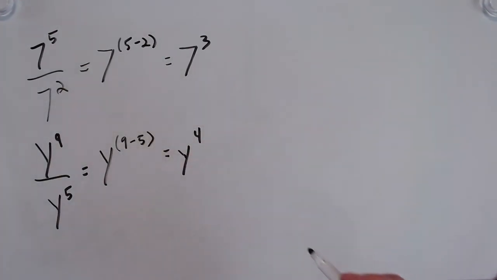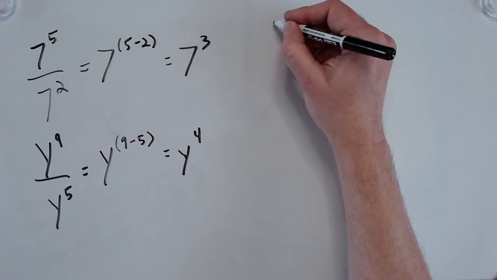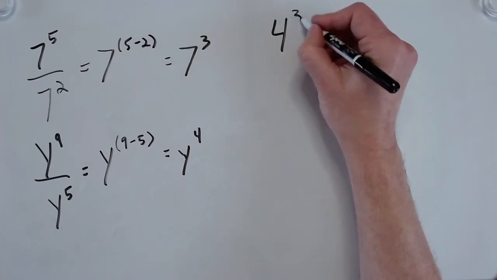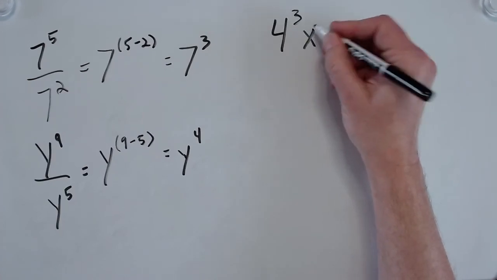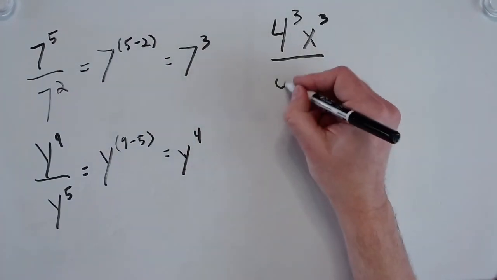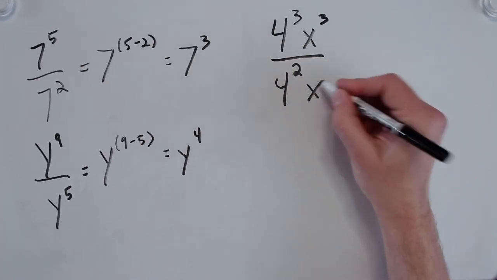And that's it. Let's make it slightly more difficult, but not too terrible, right? Let's put some numbers and variables together. 4 cubed times x cubed over 4 squared times x.